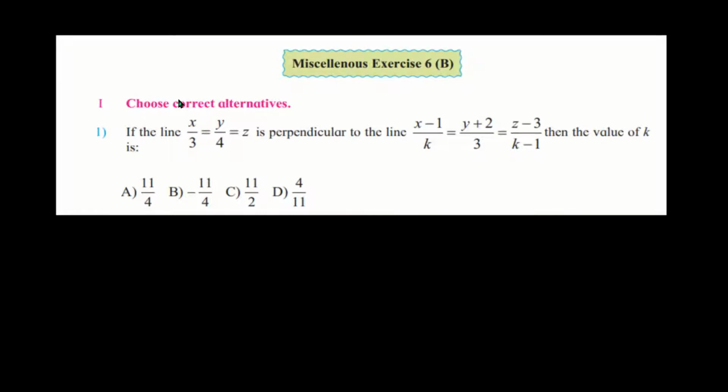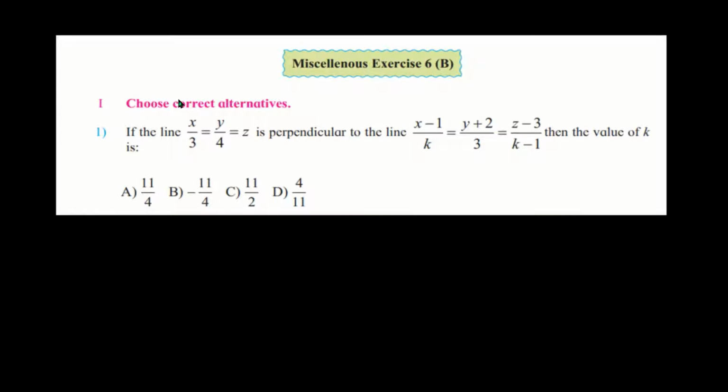So choose the correct alternatives. The first question: if the line x upon 3 is equal to y upon 4 is equal to z is perpendicular to the line x minus 1 upon k is equal to y plus 2 upon 3 is equal to z minus 3 upon k minus 1, then we have to find the value of k.